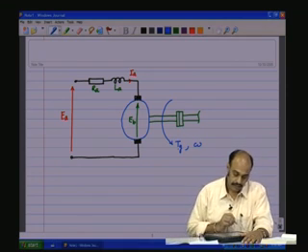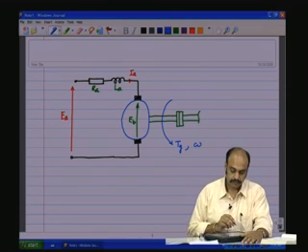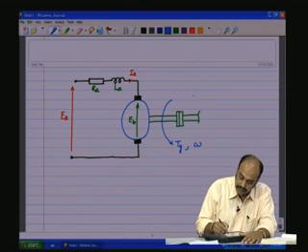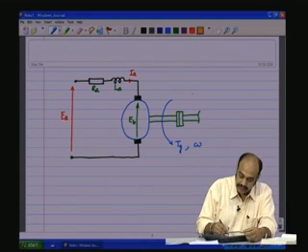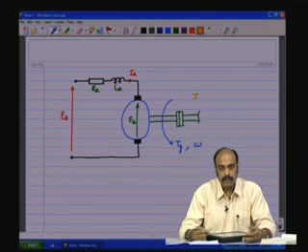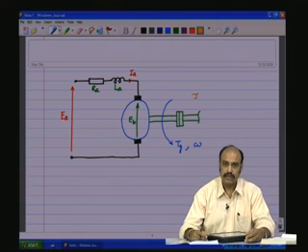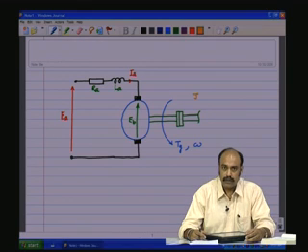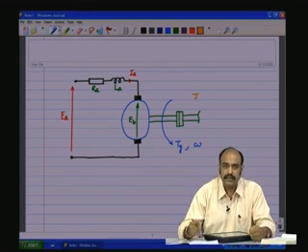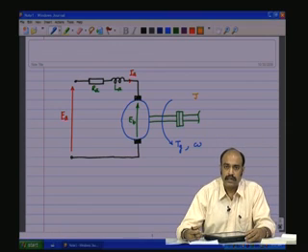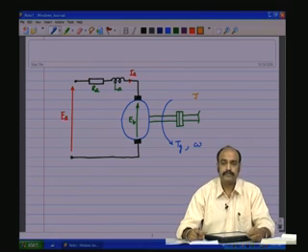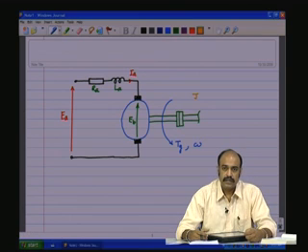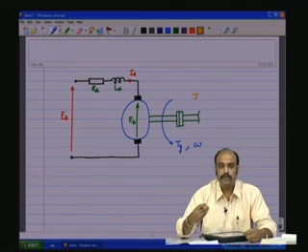Now, this is on the mechanical domain. This mechanical domain also contains its own load, or the reflected inertia J, which is like the mass of a vehicle, or the mass of the load, or a mass of a very big wheel which has an inertia to it, and when it is rotating it gets stored in the kinetic form, and that is called the inertial energy, which is stored by virtue of an object being in motion.